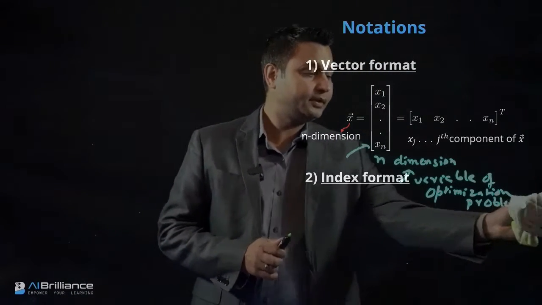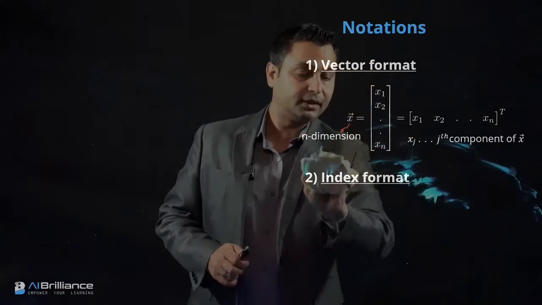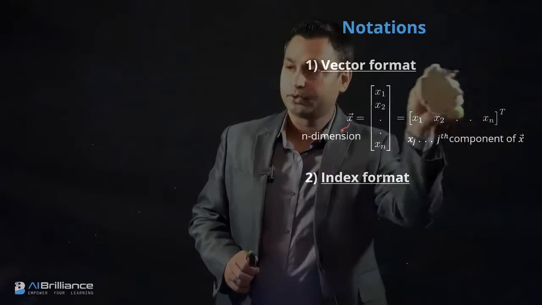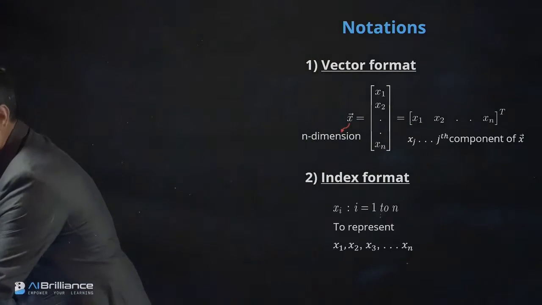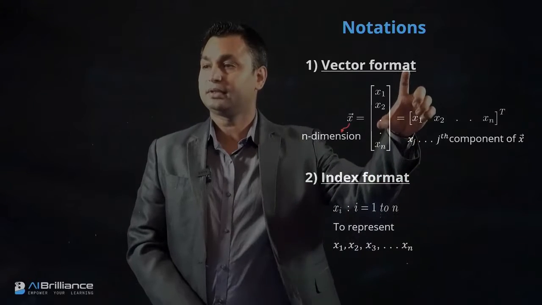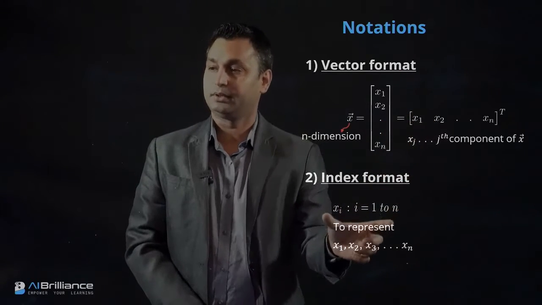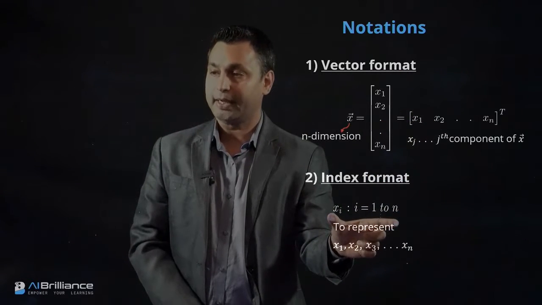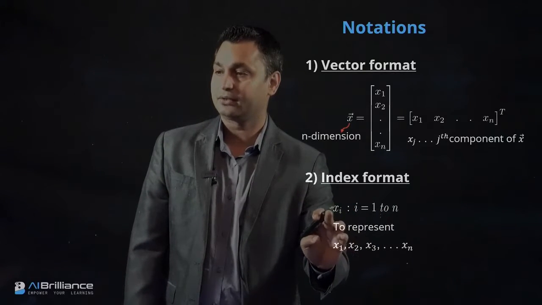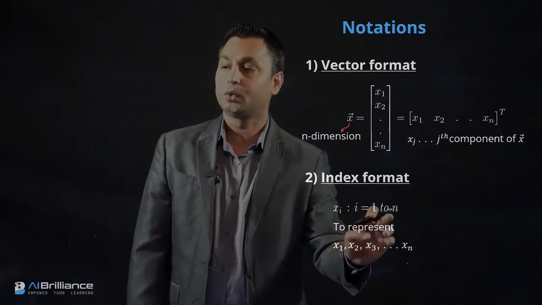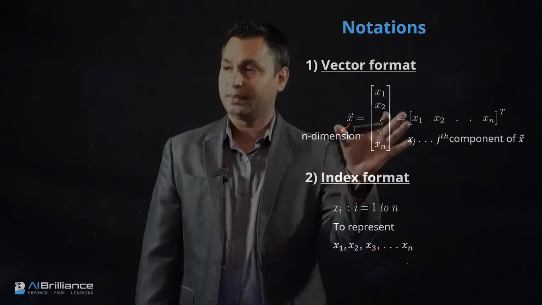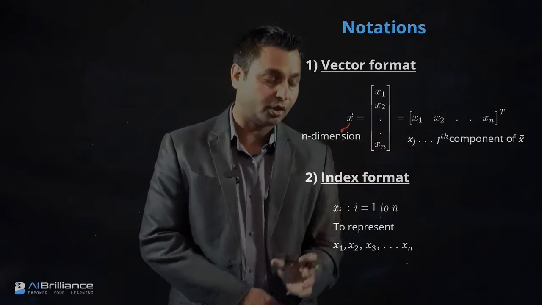The same thing when written in the indices format: rather than taking a vector, you can take the individual elements and index them, and you can write xi, with i equal to 1 to n. That represents this vector, but is a slightly different way of writing. This format, where you create this index i on x, where i goes from 1 to n, represents the same information that you have in the vector format.